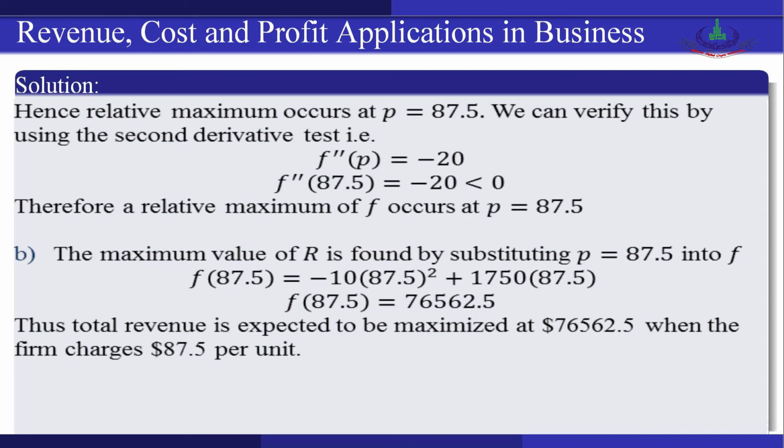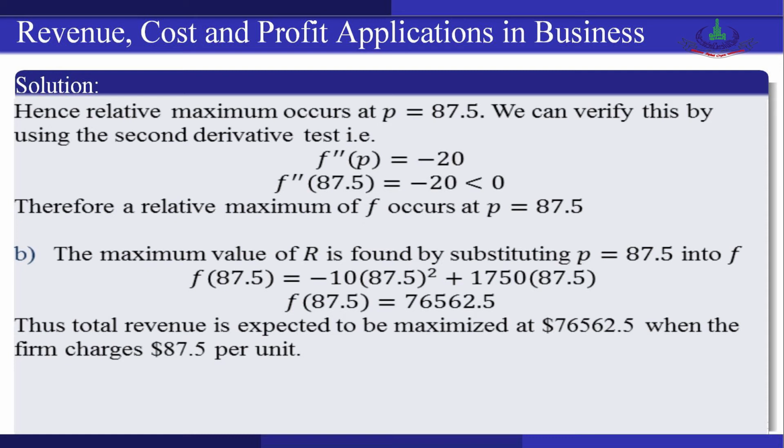Now, the maximum value of R is found by substituting p equal to 87.5 into the given function f. That is, f of 87.5 is equal to minus 10 times 87.5 squared plus 1750 times 87.5.